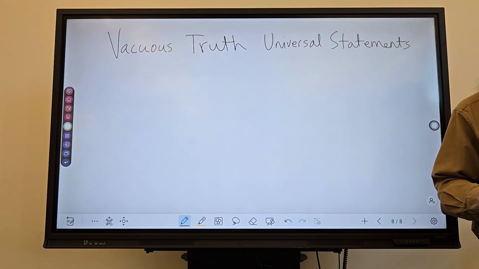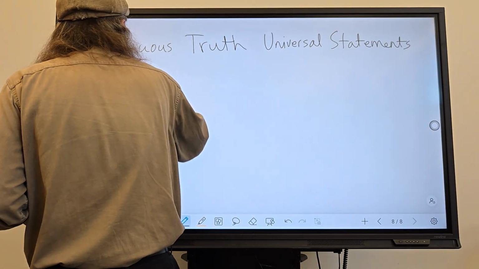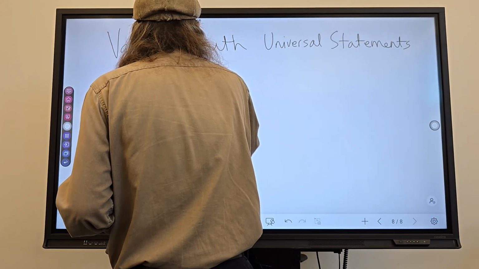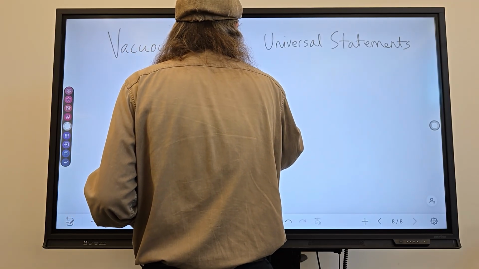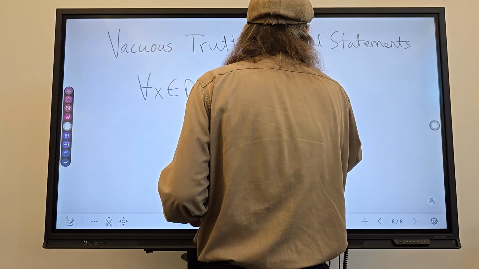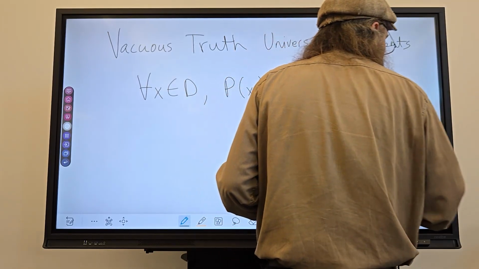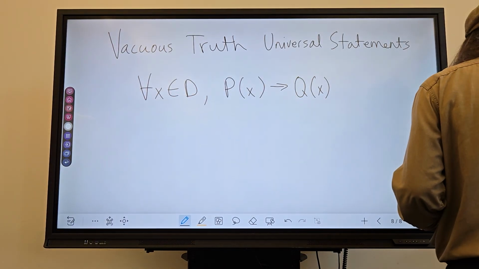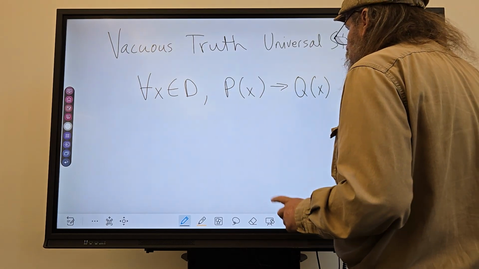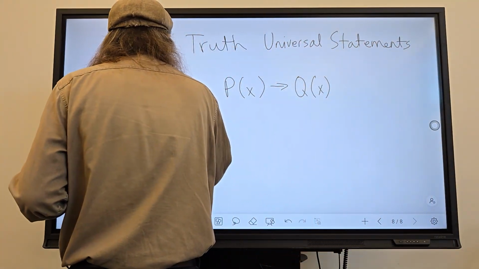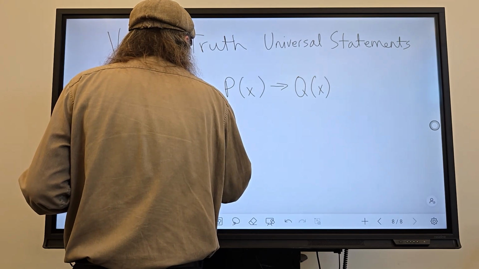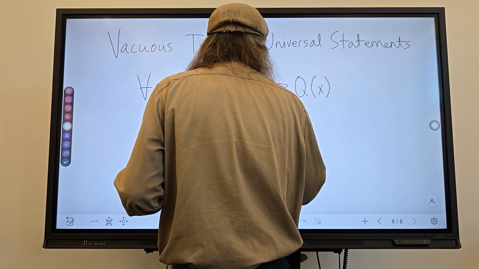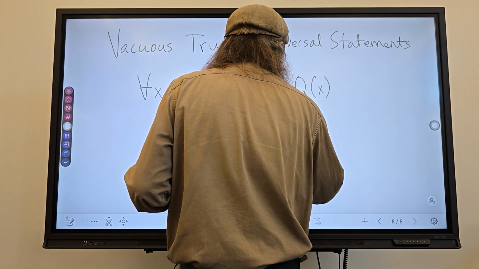In general, for all x in D, if P of x, then Q of x, is called vacuously true if P of x is false for every x in D. That is, it is vacuously true if for all x in D, not P of x.